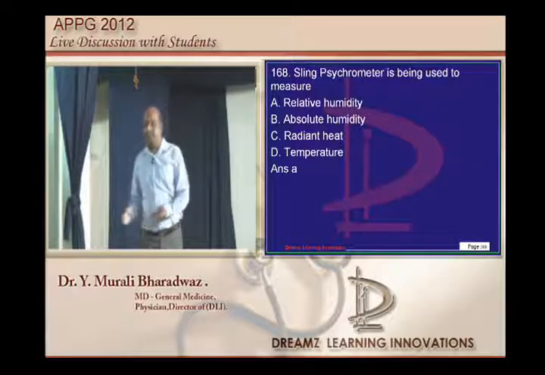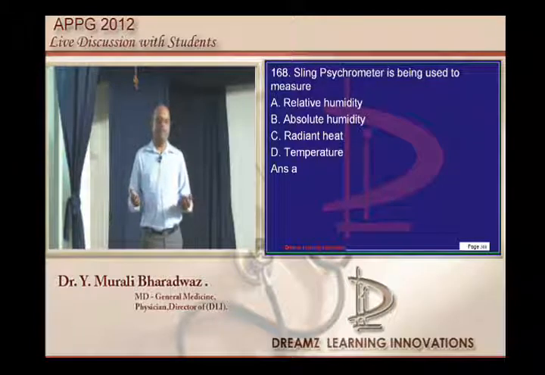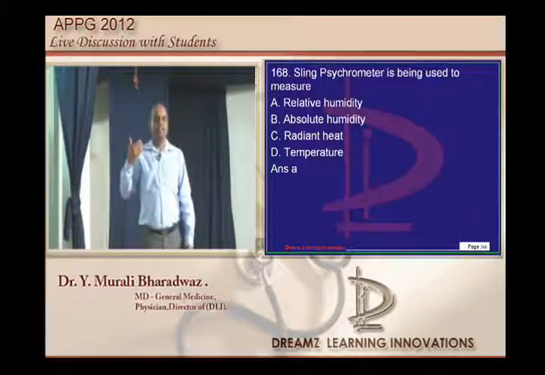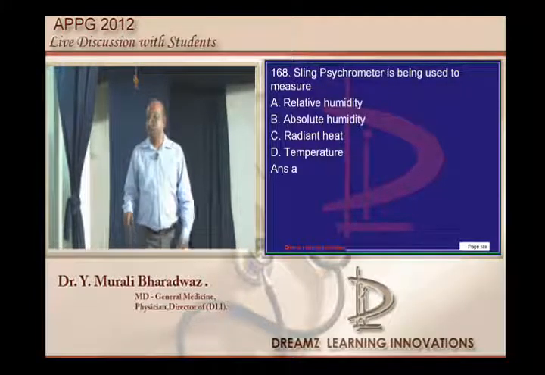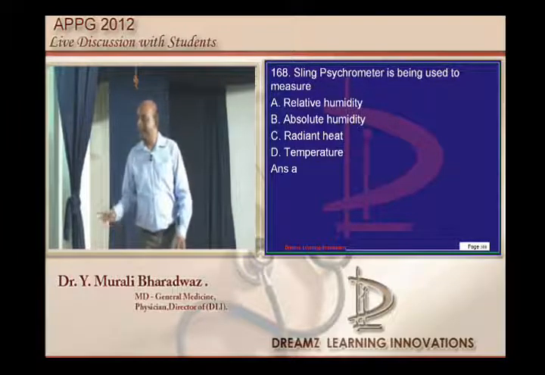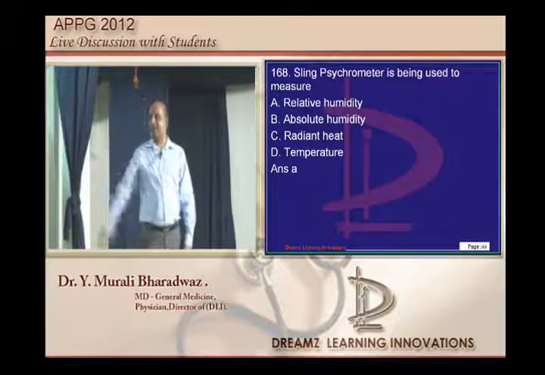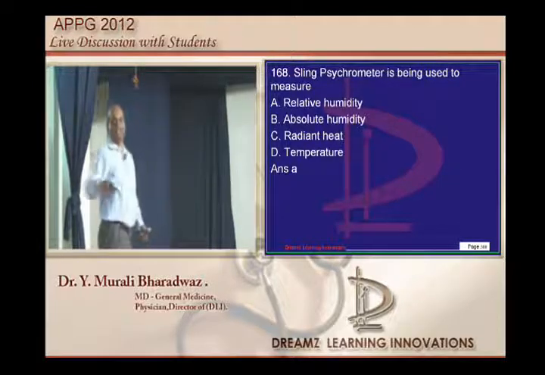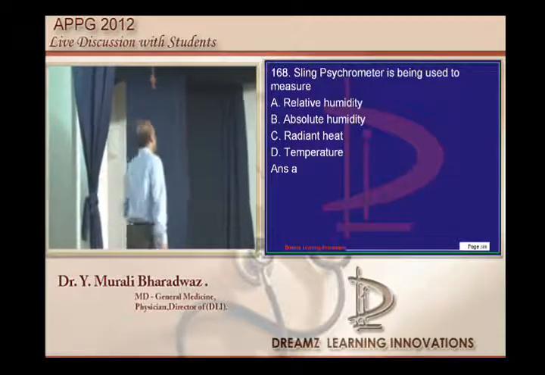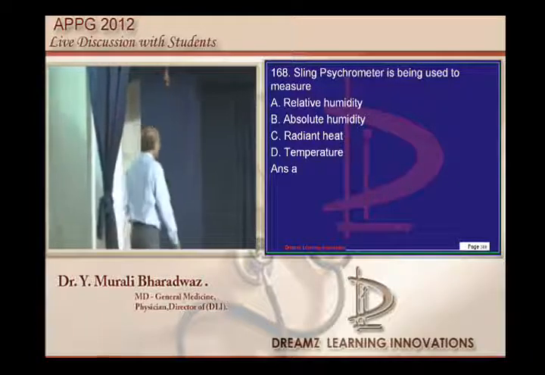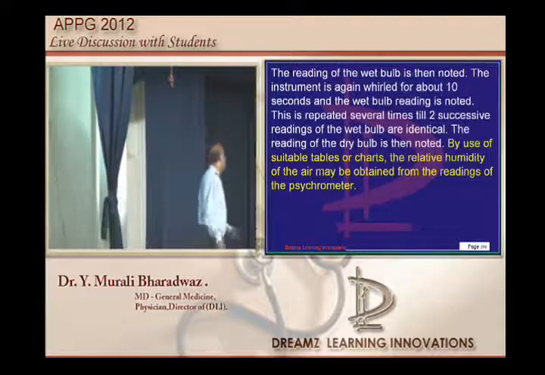So I was playing with my child, sitting on the top of the home reading for the entrance exam in Pondicherry while doing MD SPM, with full humid environment, studying the last pages of Park, psychrometer, relative humidity, etc. I thought when will this be over in this life. Once more the question has come after a long time. So I hope this will be the last time you read this topic because you are joining the MD at any cost. Sling psychrometer is for the relative humidity, which we need to appreciate.